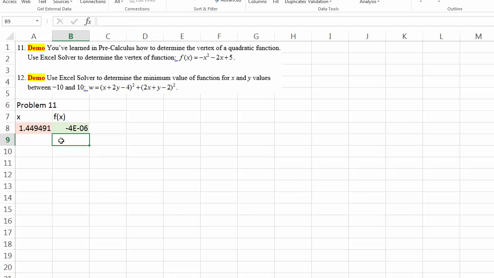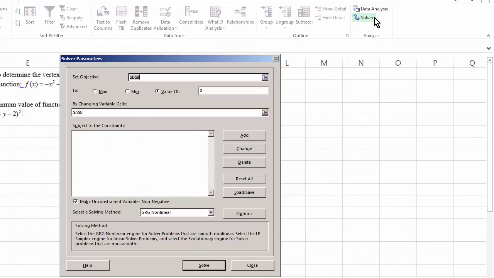Let's keep that. This is not the vertex, by the way. What did we just do? I accidentally solved for one of the zeros of this function, one of the solutions to when this equation equals 0, just to demonstrate that functionality of the solver, which is similar to Goal Seek. But we need a minimum or a maximum. So let's go back to the solver.